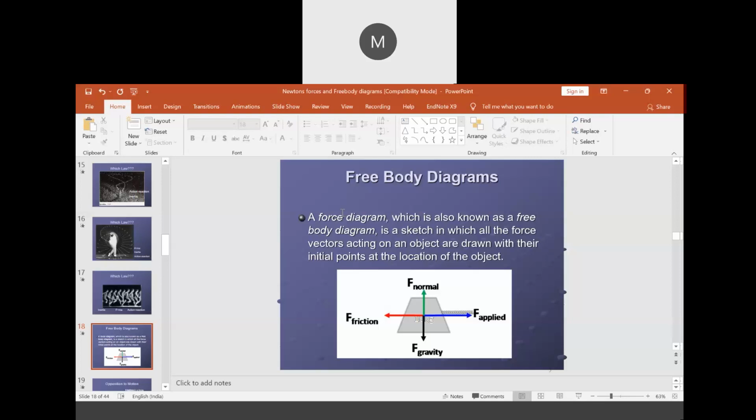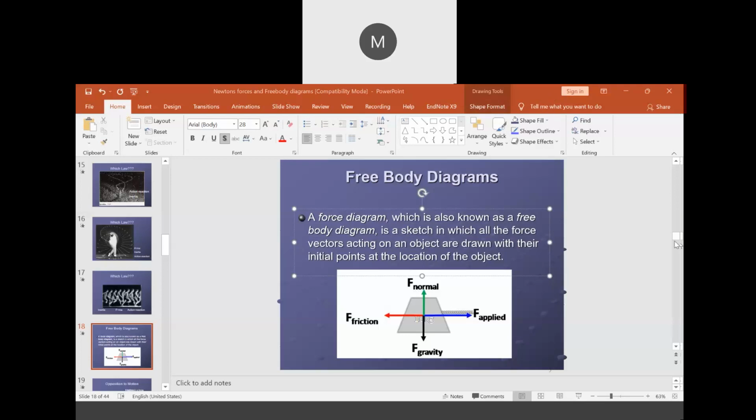So a free body diagram is a sketch in which all the forces acting on an object are drawn with their initial points at the location of the object. That means, suppose this is a body.